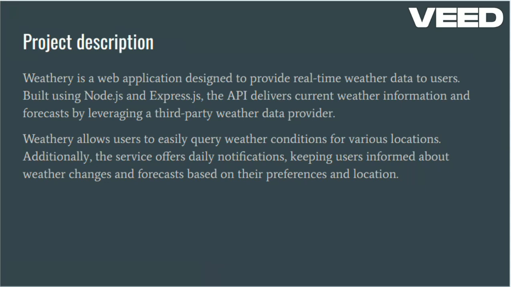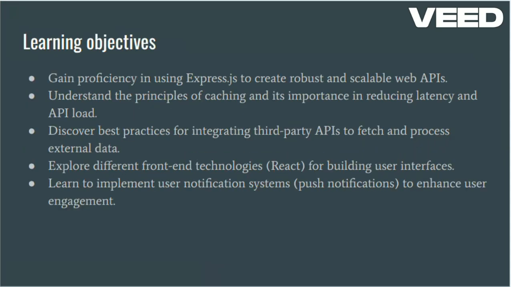Additionally, the service offers daily information, keeping users informed about weather changes, and forecasts based on their preference and location. There is a feature where you can tell us where you live and when you want us to notify you with the weather updates and whatnot. So that's absolutely possible.